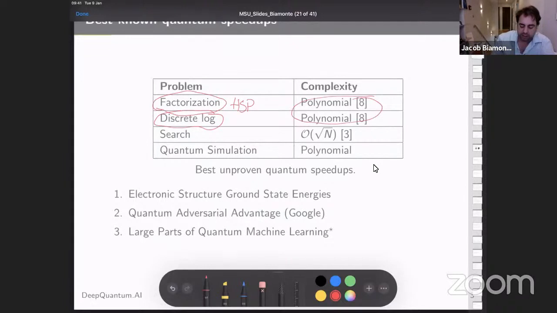In addition, you have the idea of search and optimization, which are some kind of polynomial reduction. Also importantly, there is quantum simulation, quantum chemistry, etc., which is known to be polynomial.